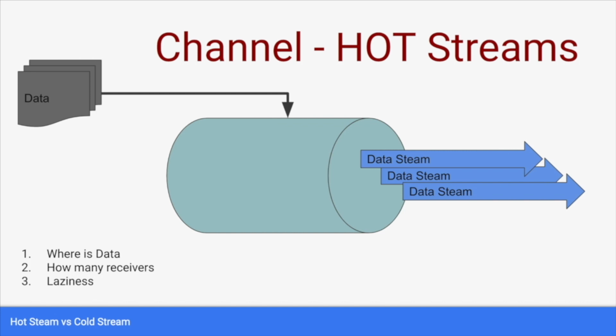A channel, which is considered a hot stream, we say the data is outside the channel, so that whenever anyone communicates with that channel, they're all looking at the same data because it's not inside the channel. You can have multiple listeners listening in on the same channel, and the channel exists even if there's no one that is connected to it currently. So it exists before there's any receivers, and it exists after all the receivers are gone.